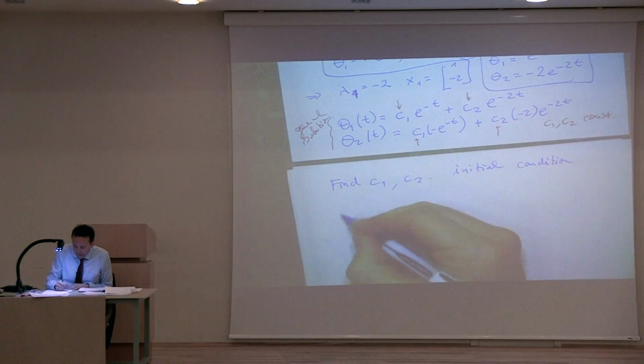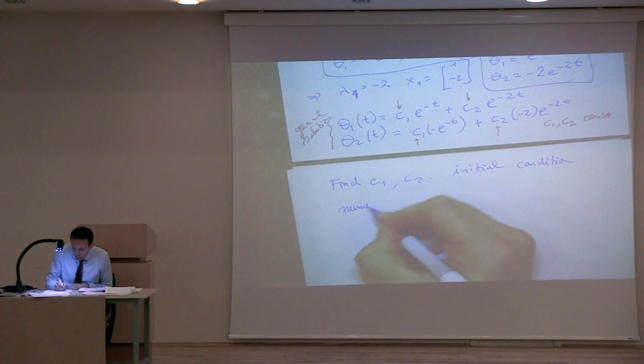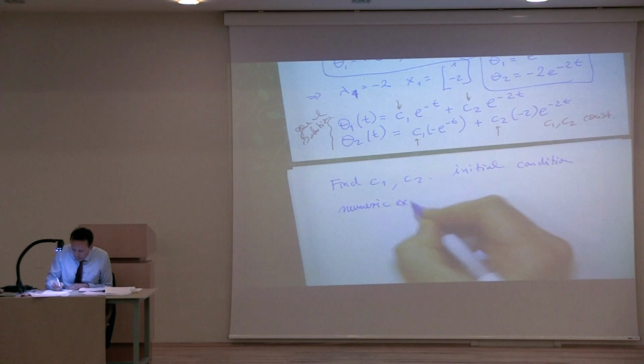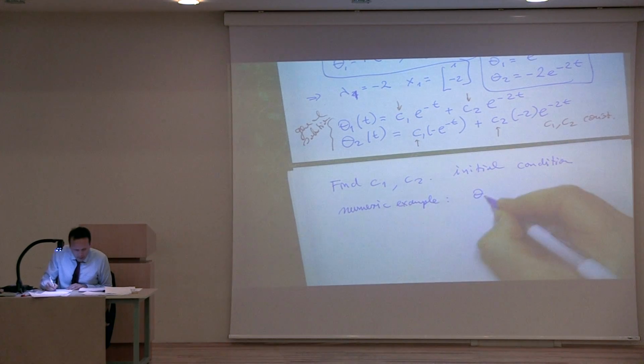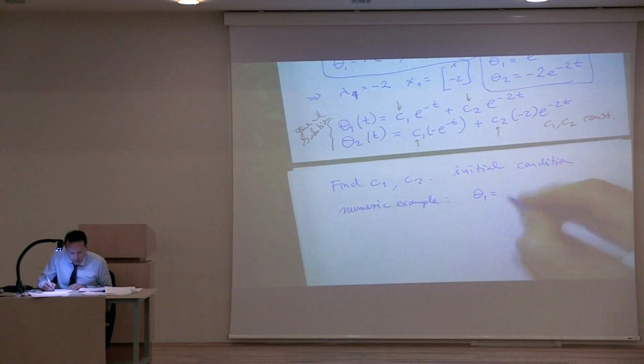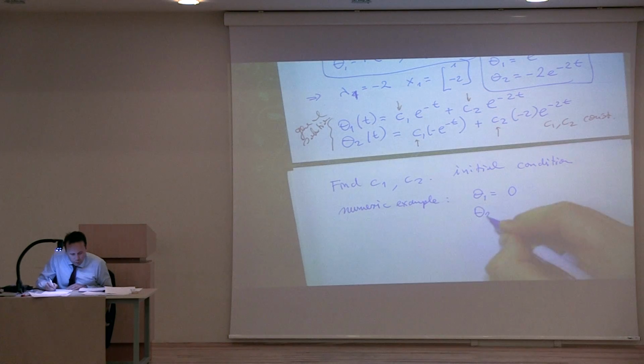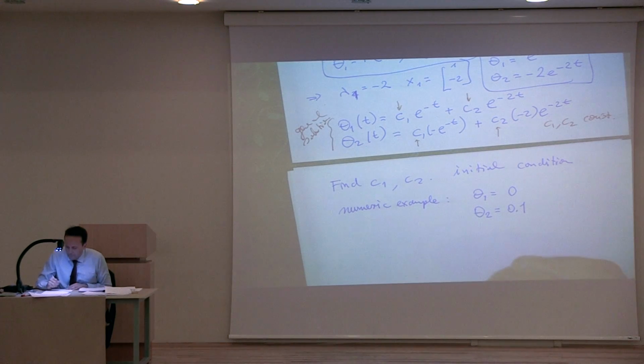A numeric example. And you can try different things, of course. Let's say theta 1 starts at 0 and theta 2 starts at 0.1. Theta 1 is theta, if you recall, and theta 2 is theta dot.